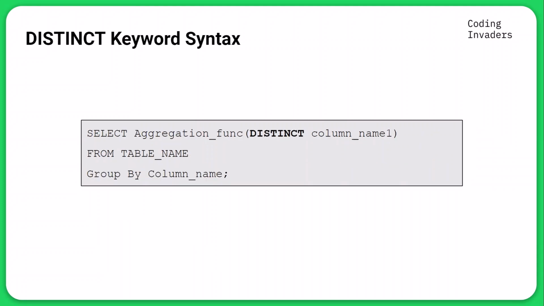Distinct can also be used inside various aggregation functions like count, average and others. Select aggregation function, like count, average, sum, whatever, distinct column name. First it will select the distinct values of that column from the table and then it will do the aggregation. Group by column name: if you have to do a grouping also, that you can add over here.